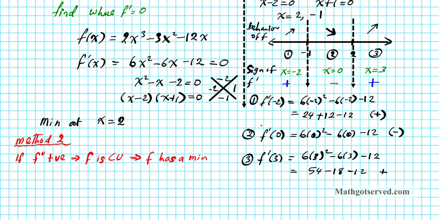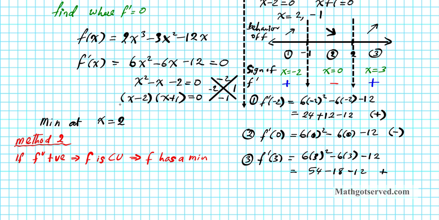So what we're going to do is look for the second derivative of this function, and then see where it's concave up at these 2 values. How do you know if it's concave up? The second derivative has to be positive.